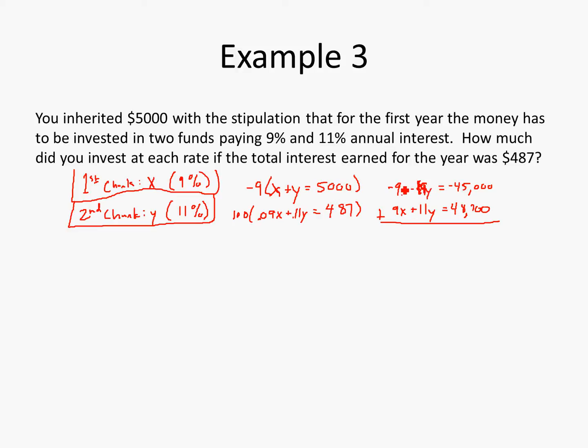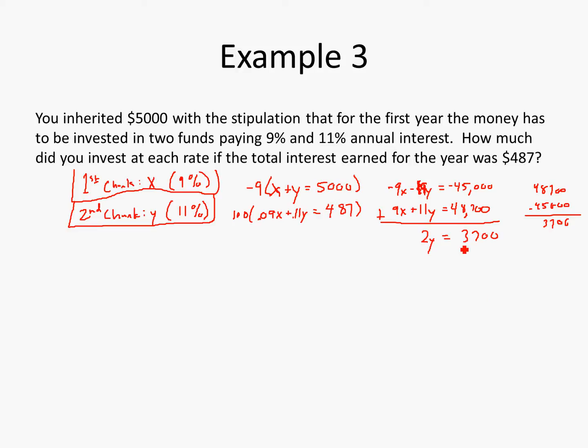So if I add these, then this becomes 0 x's. If I take away 9 from 11, that's going to become 2y. And then here, if I do this subtraction, 48,700 minus 45,000, that's $3,700.